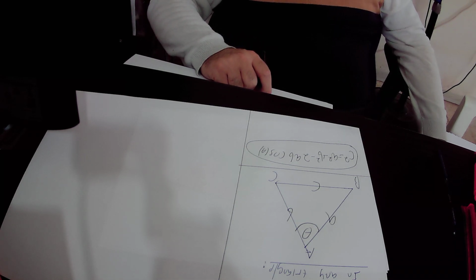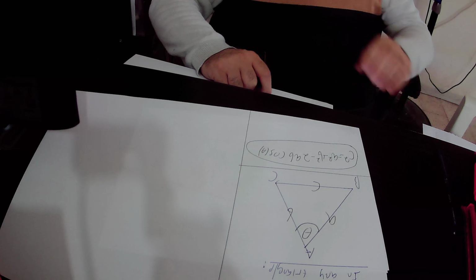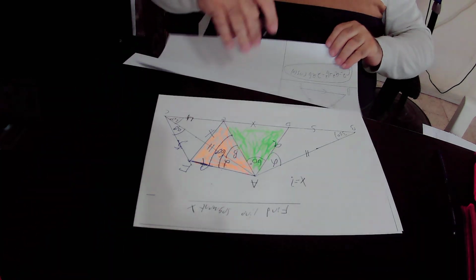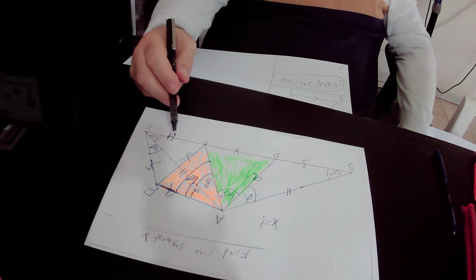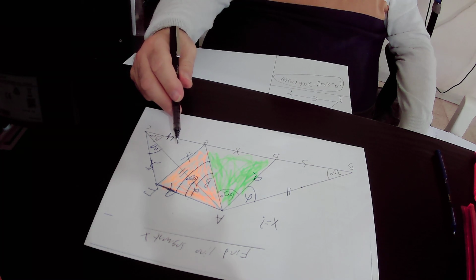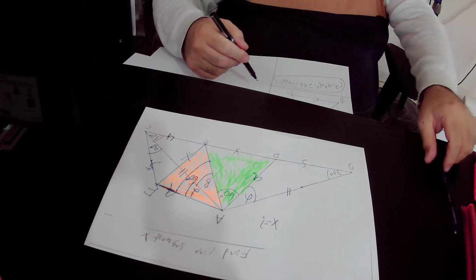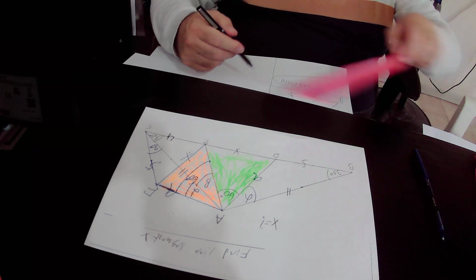Okay, so we'll implement the law of cosines in this triangle, triangle EFC. Therefore, I will copy triangle EFC onto this page, and we'll implement the law of cosines in it.